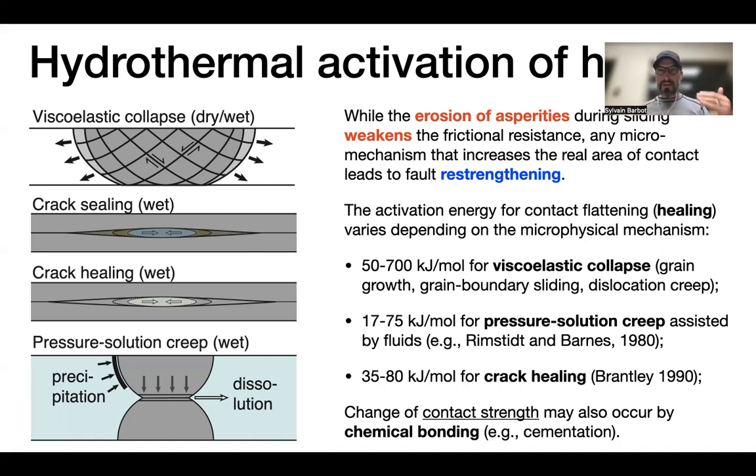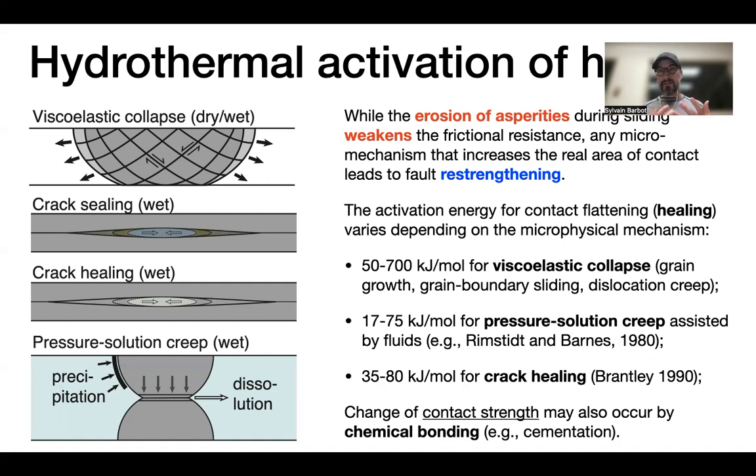And there are multiple ways that this deformation can happen, different micro mechanisms of internal deformation. The most common, or universal, one is so-called viscoelastic collapse. That's basically viscoelastic flow of these contact junctions. As the material flows under these very high stresses, it will flatten and therefore collapse and increase the contact area, and strengthen the macroscopic gouge or contact in the process.